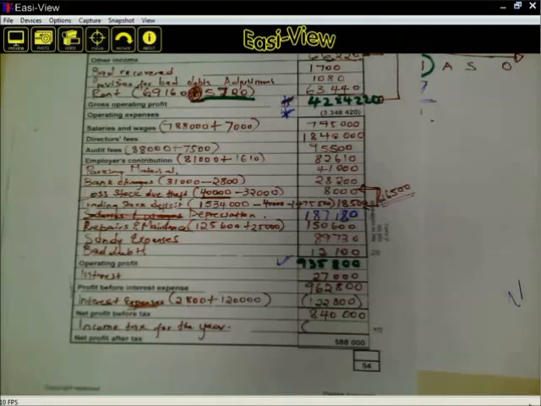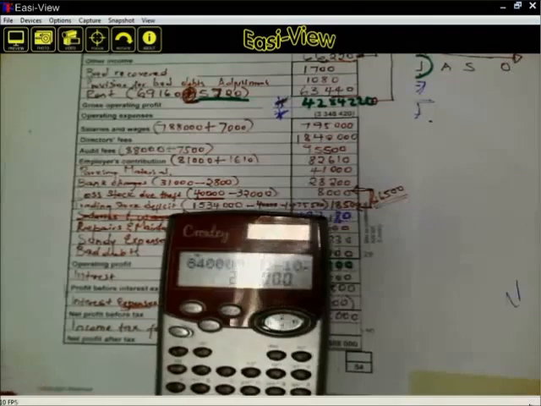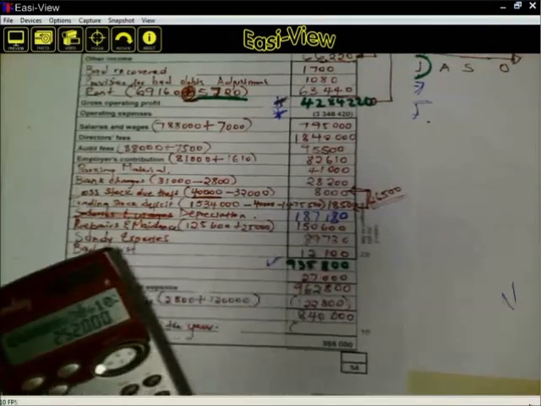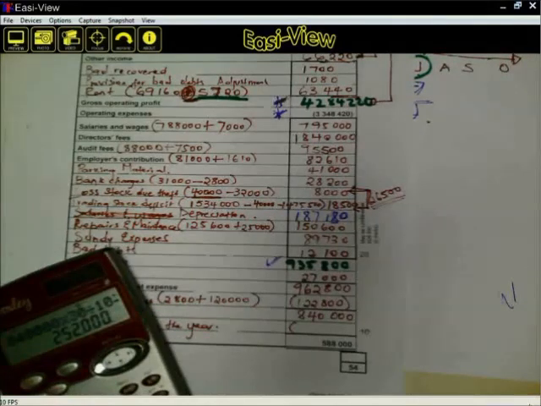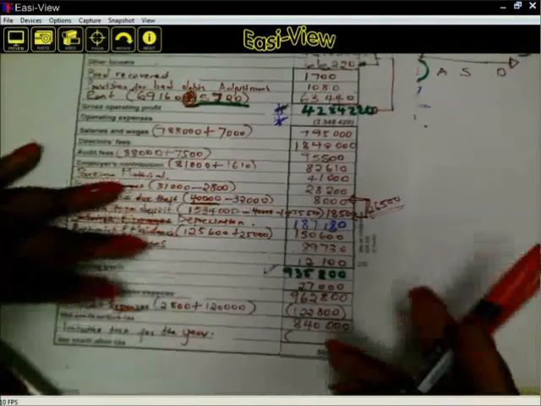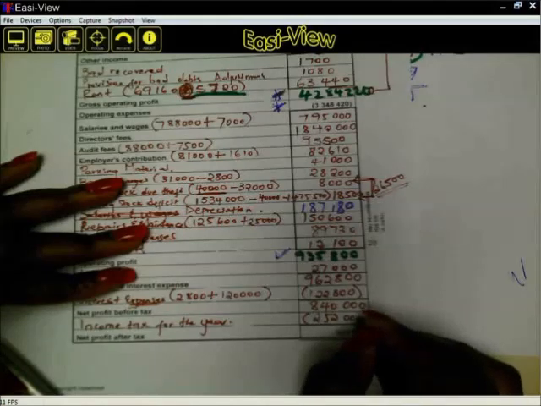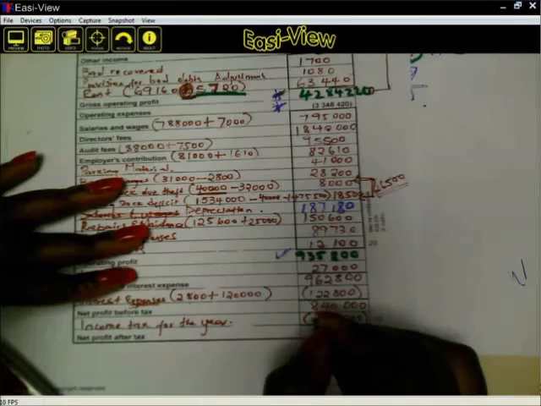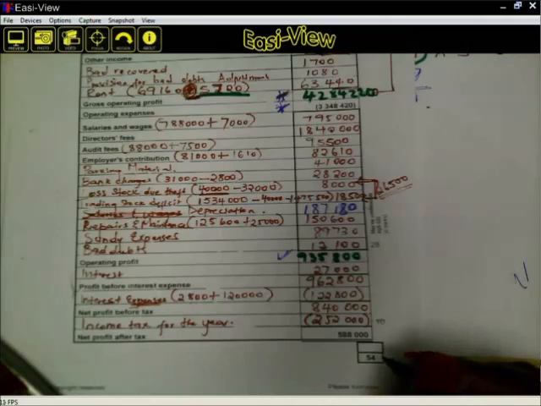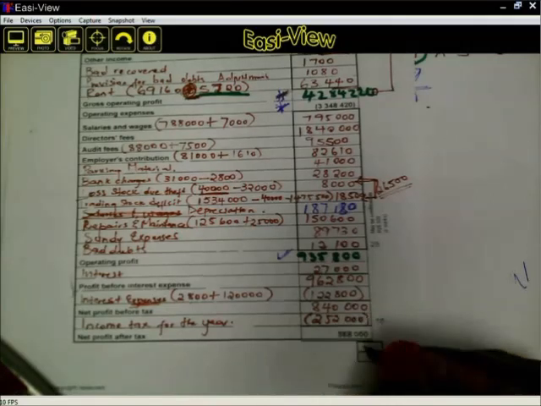840,000 multiply by 30, divide by 100. My income tax is 252,000. So it means, therefore, your net profit after tax is this one.